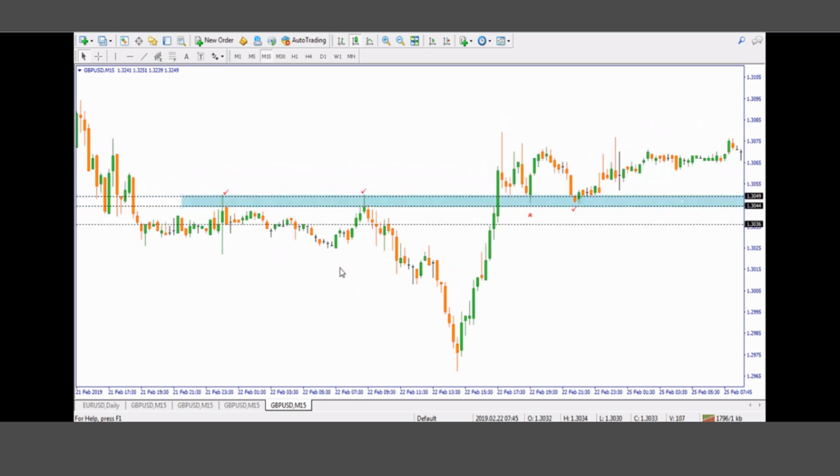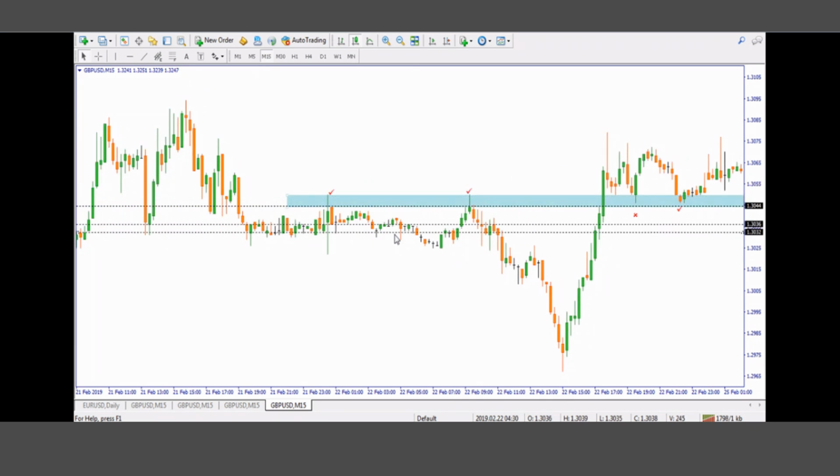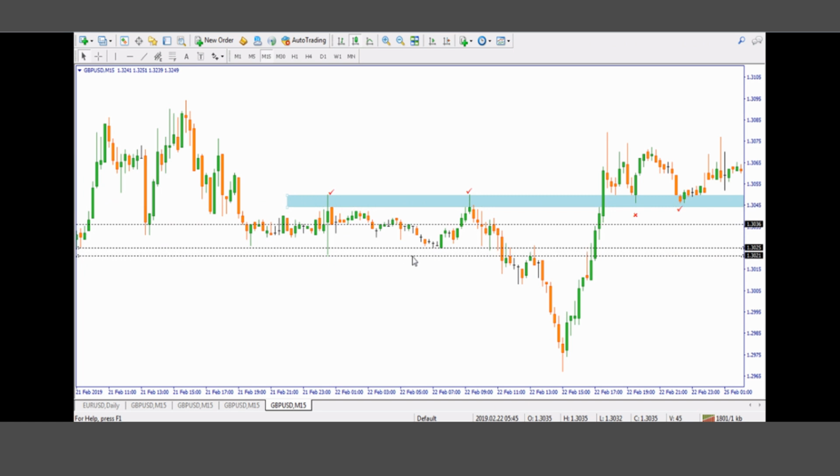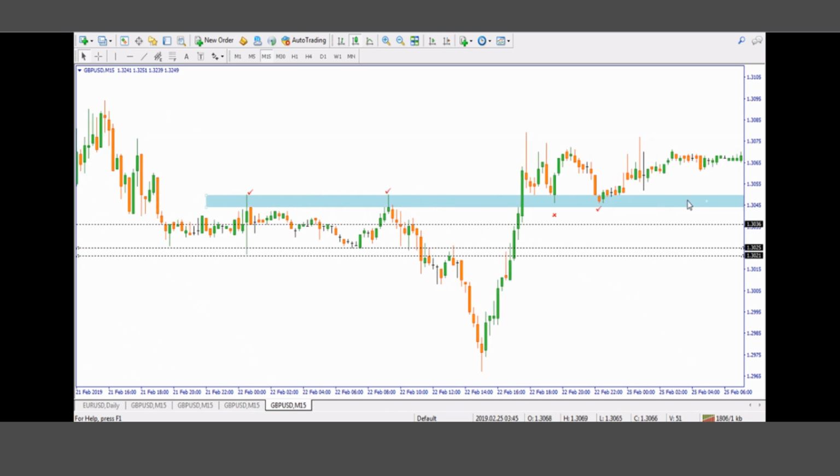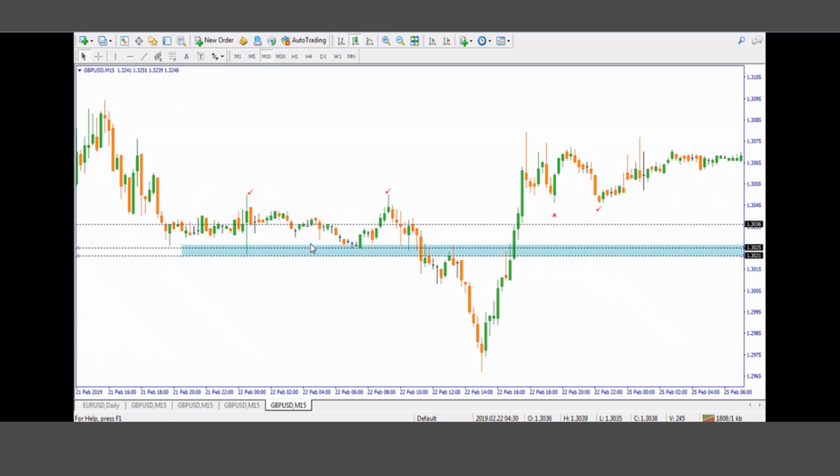So another view, just look at this like this. We have a level there. We also have a level there. Then I want to drag this one down like that. And then I'm going to mark that with a tick. I'm also going to mark that with a tick.